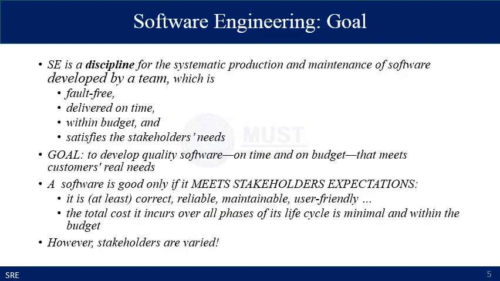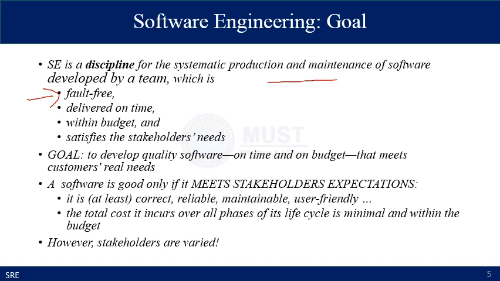So software engineering is a discipline for systematic production and maintenance of software developed by a team. So there are particular characteristics which we have discussed in the previous slides. The first one is the development of solution, and your solution should be fault free, that it should provide benefit to the consumers or general people without any failures.